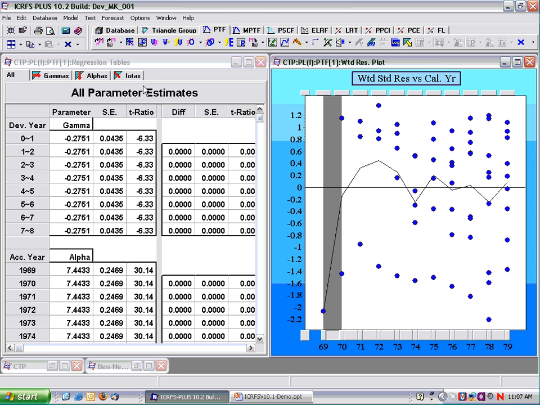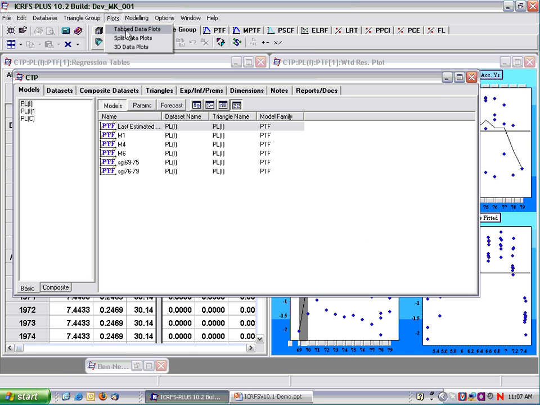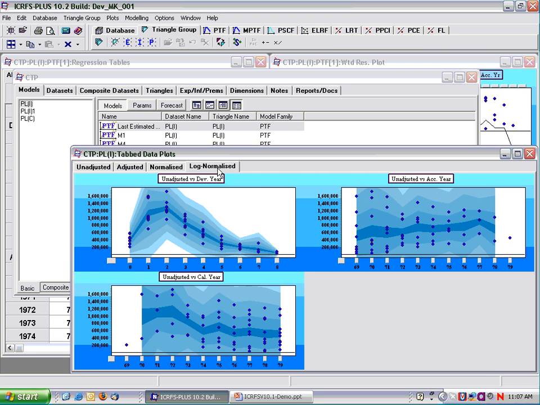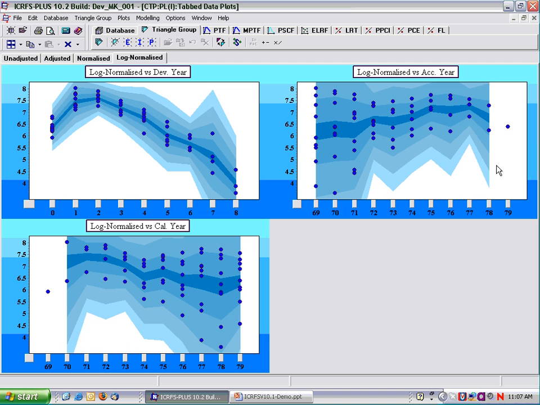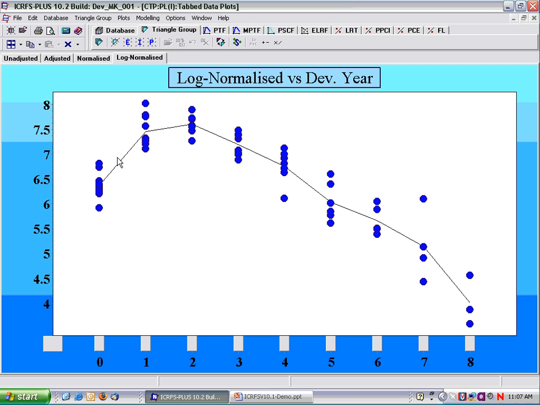If we look at a graph of the actual data, go to Plots, tab Data Plots, Log Normalized. We're looking at the logarithms of the normalized data. What we have done in essence is, along the development years, on this log scale, we've measured one trend. That is one line that has an intercept and a slope, and you can see that the slope of this line would be negative.